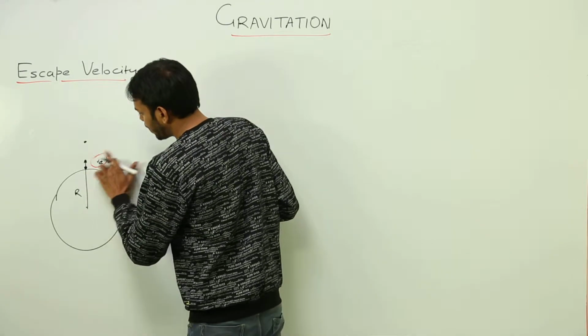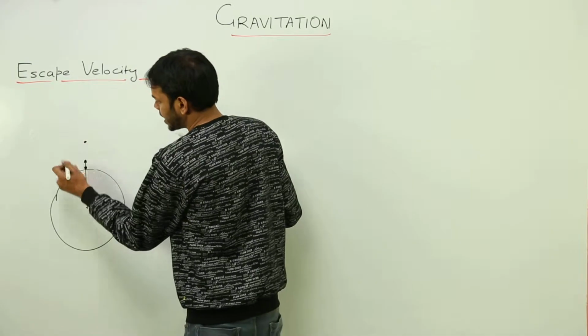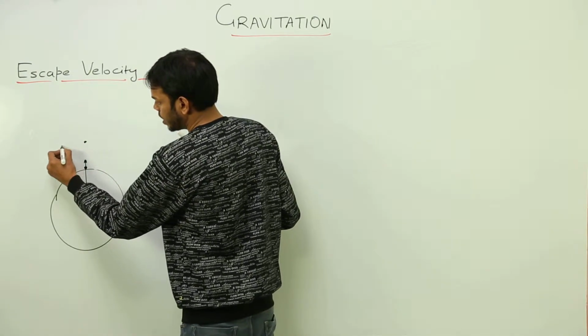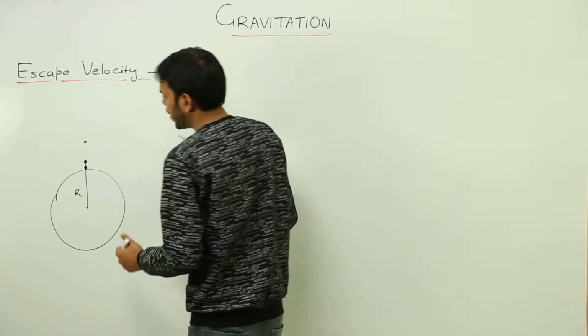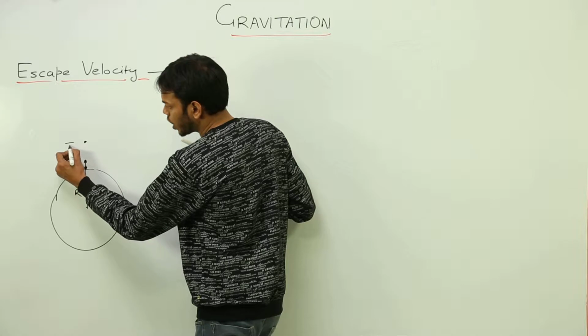Right now let's consider that this body is at height x from the surface, because radius r has already been taken into account.